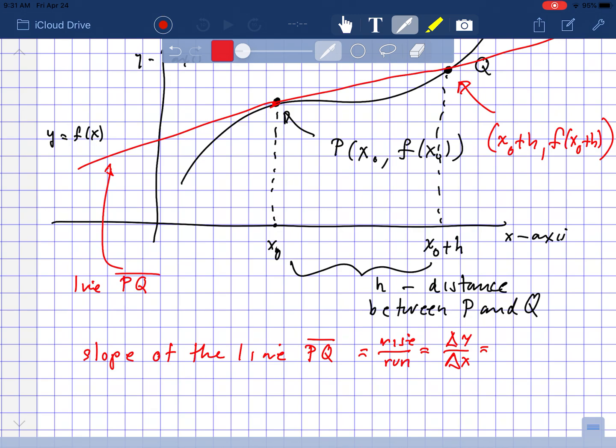So delta y is going to be f of x sub naught plus h, the y-coordinate of the point Q, minus the y-coordinate of the point P, which is f of x sub naught.